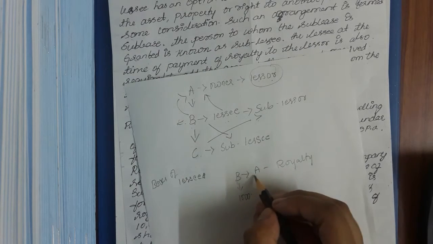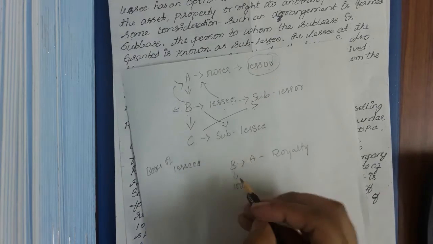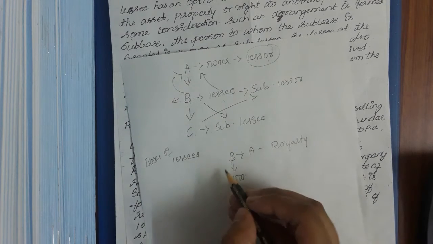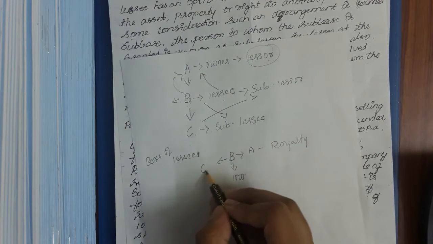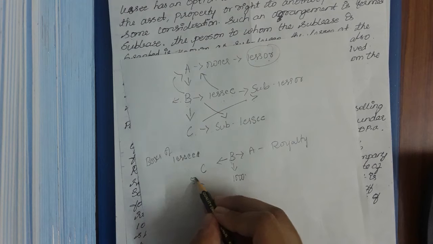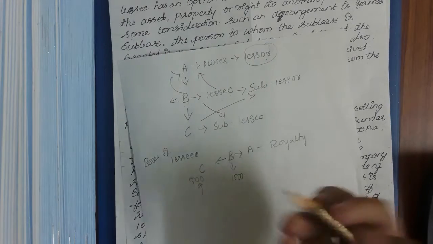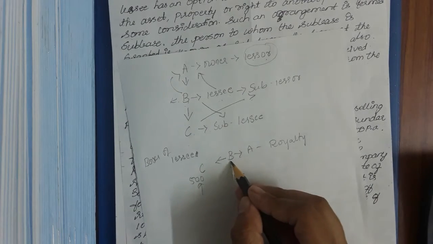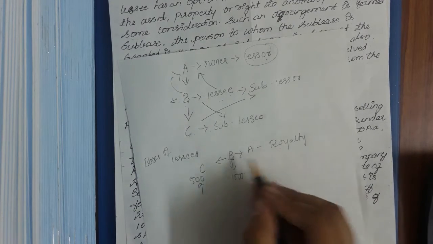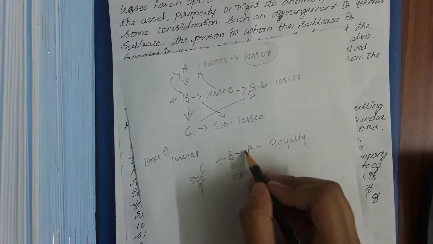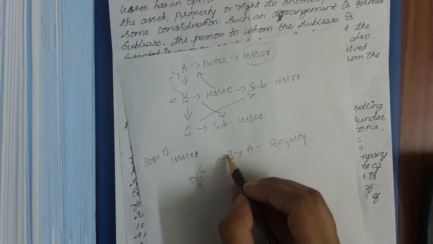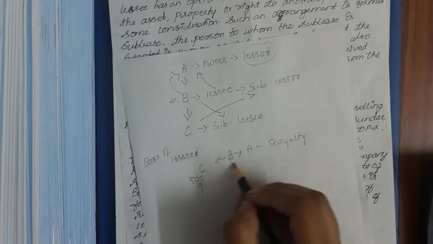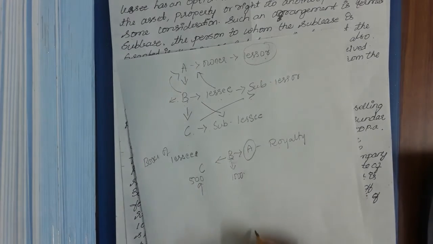A and B have agreed that 1000 rupees is the rent for the place. As B has sublet to C, C will be giving some value, say 5000 or 600, whatever, as royalty to B. So he will keep his profit and then pay A. For A, it is a profit. A will be getting royalty from both B and C.